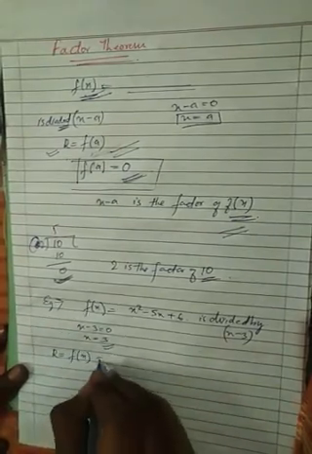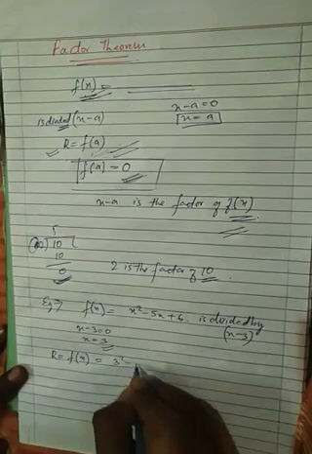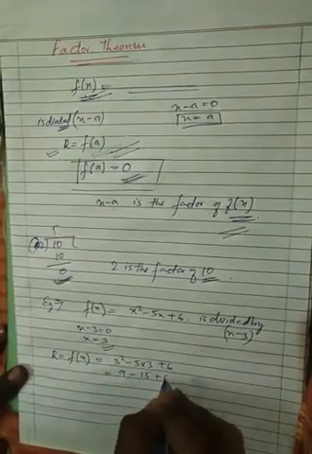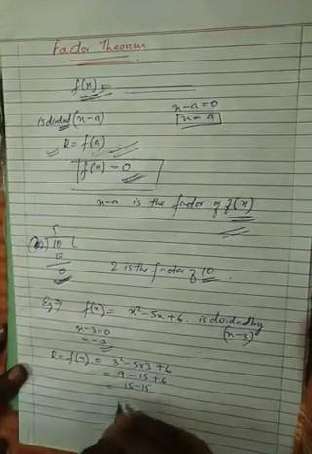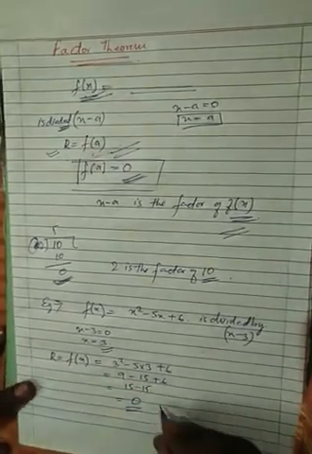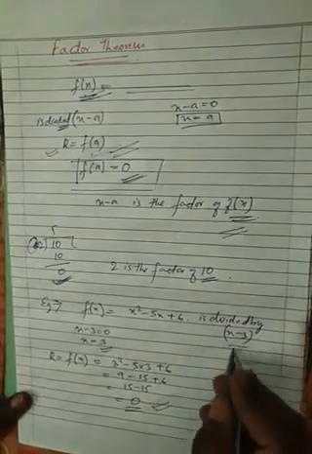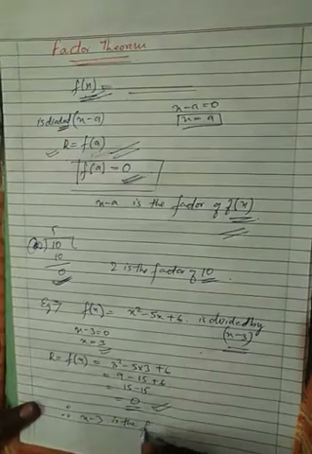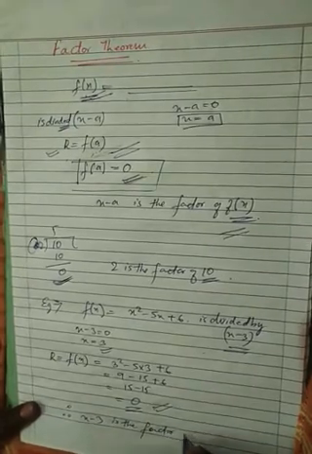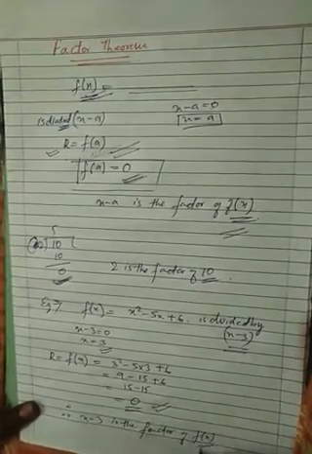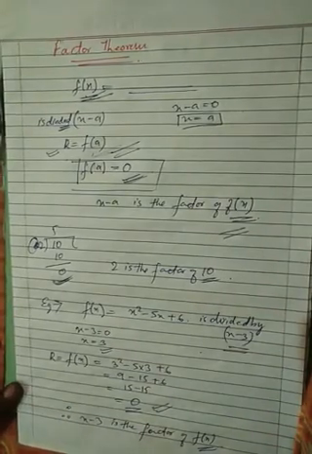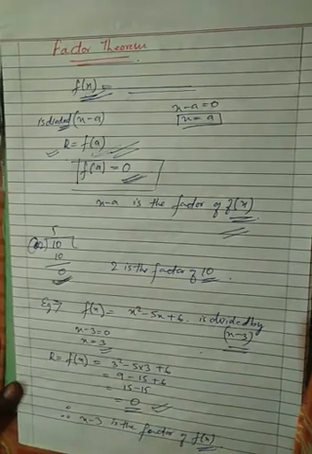So what is f of 3? 3 square minus 5 into 3 plus 6 will give you 9 minus 15 plus 6. 15 minus 15 is 0. So once you get the remainder 0, therefore we can say x minus 3 is a factor of f of x, the polynomial expression that is given. Understood? Clear?